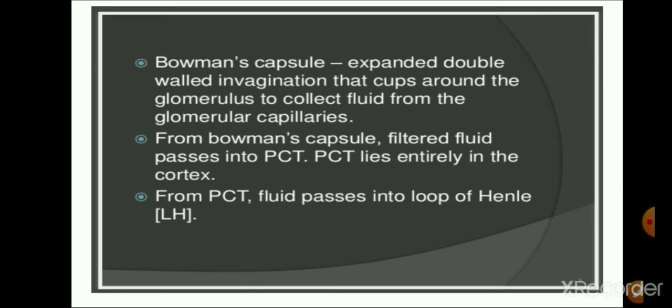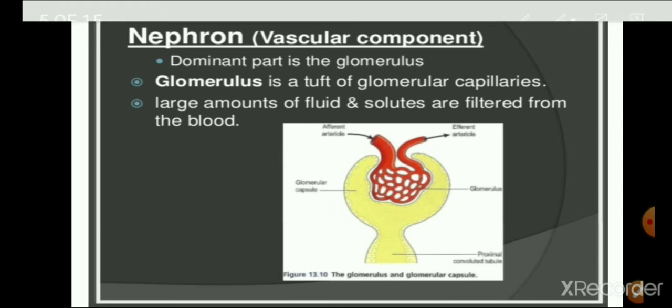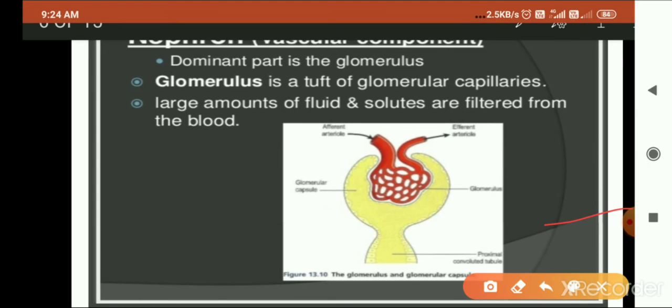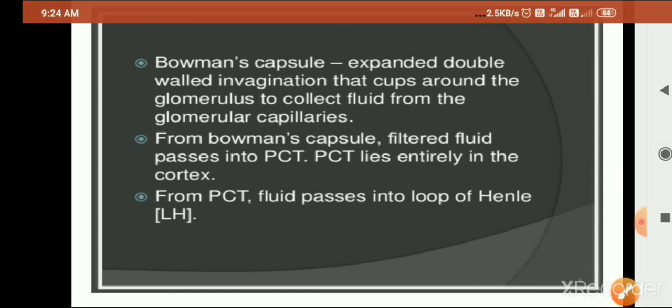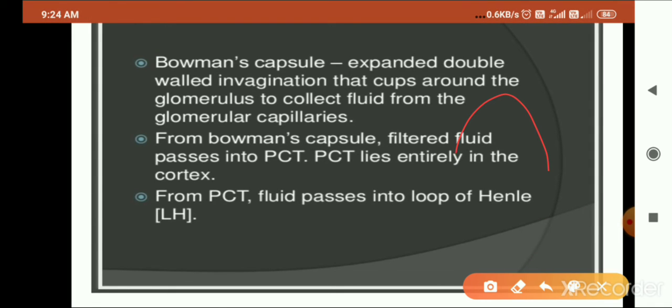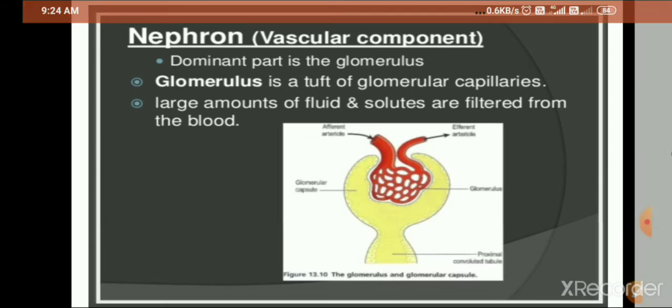In our kidney, there are two regions: the inner medulla and the outer cortex. So here we have the kidney, and in this kidney the inner part is the medulla and the outer one is the cortex. From the PCT, the proximal convoluted tubule, the fluid passes to the loop of Henle.